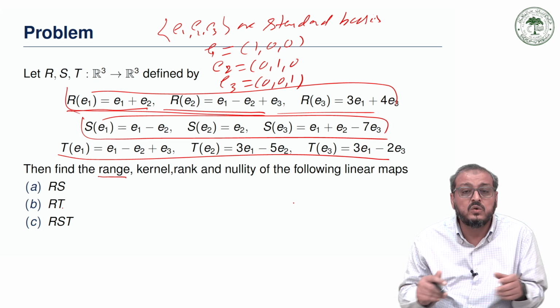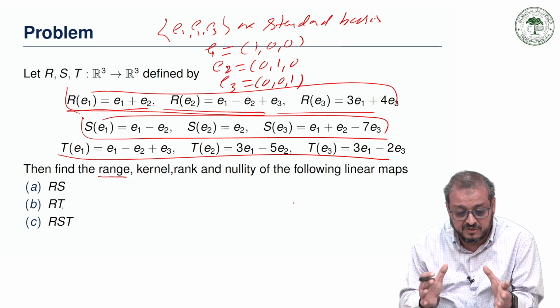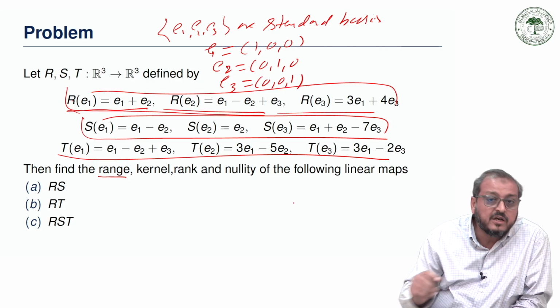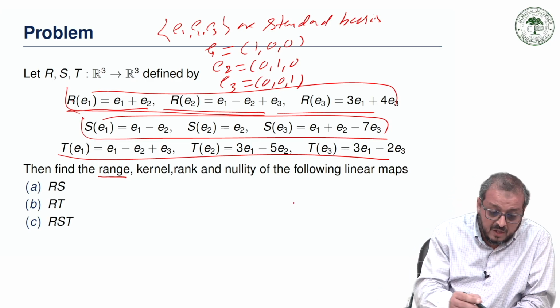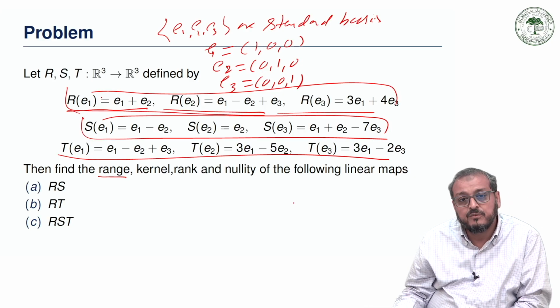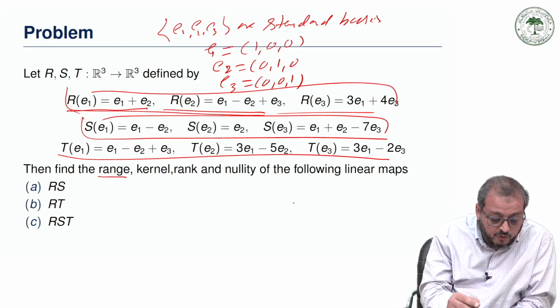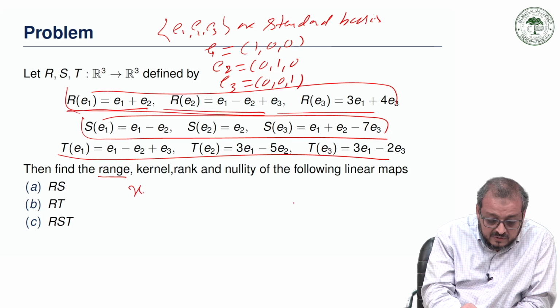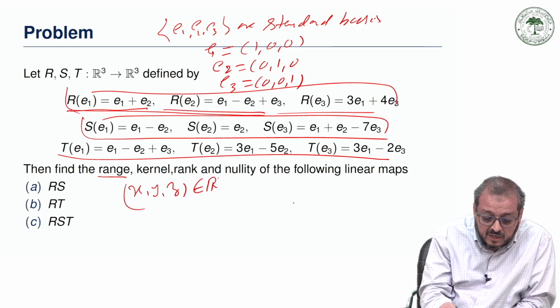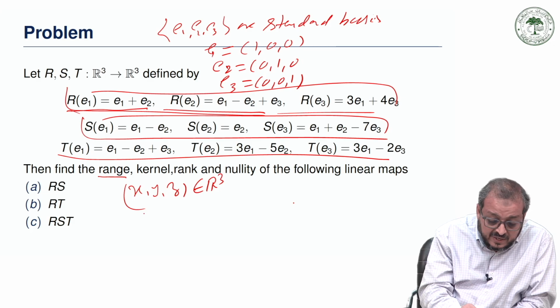First, we write the general linear transformation of R. For writing the general linear transformation of R, we take x, y, z, an arbitrary element in R^3.